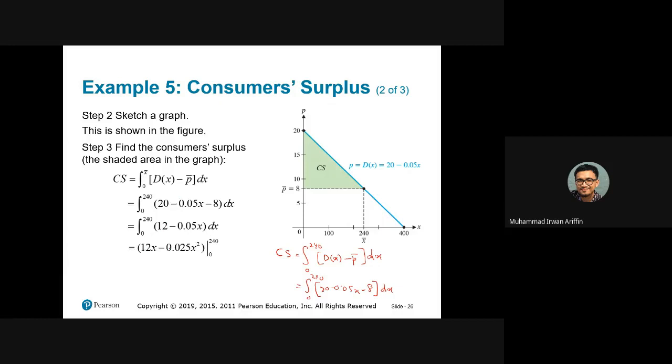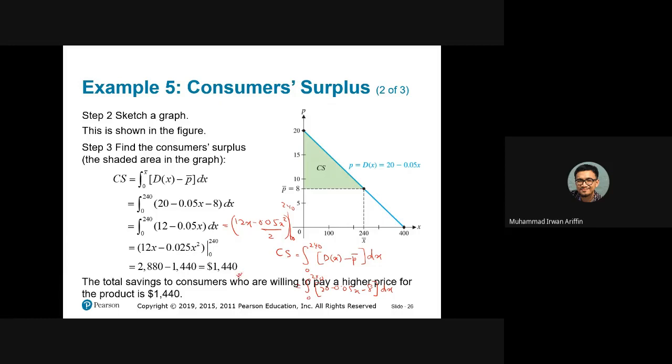This would be 12x minus 0.05x squared divided by 2, which is how we get 0.025x squared, evaluated from 0 to 240. We evaluate at the upper limit and the lower limit, and we get 1,440.